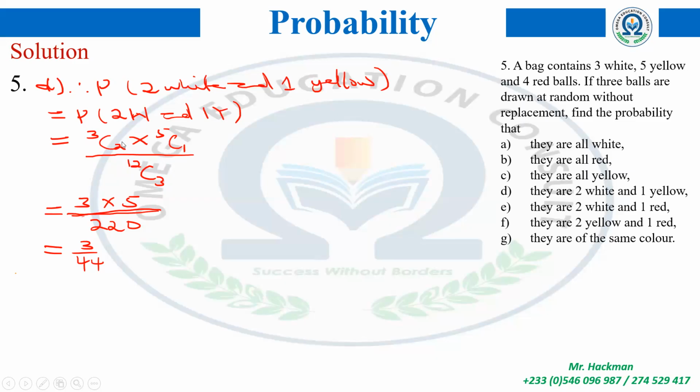Anytime you sum the R's here, you end up getting the R in the denominator. However, here, when you sum the N, it's not the same as the N here. When you sum the R, it's the same. As for your R, it will always be the same irrespective of what you are dealing with. But your N, the sum, will not always be equal to this. It will only be equal to this when you are dealing with two items.